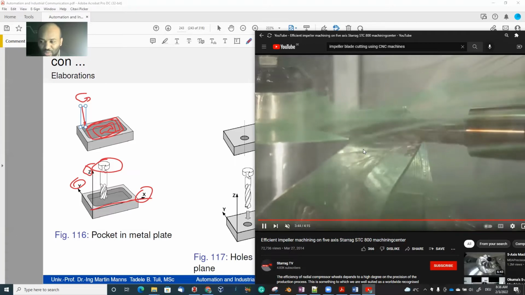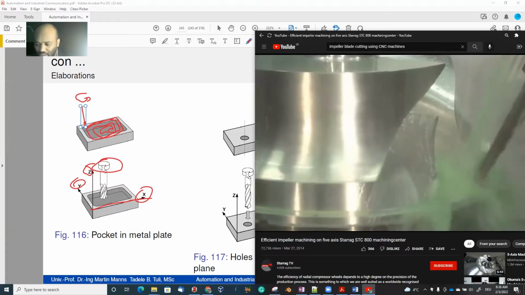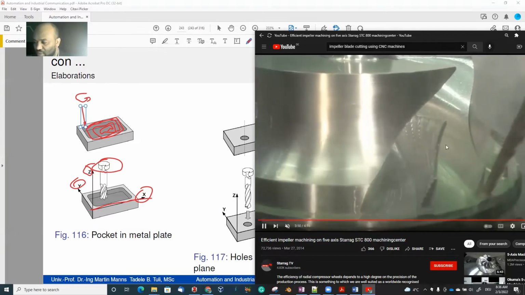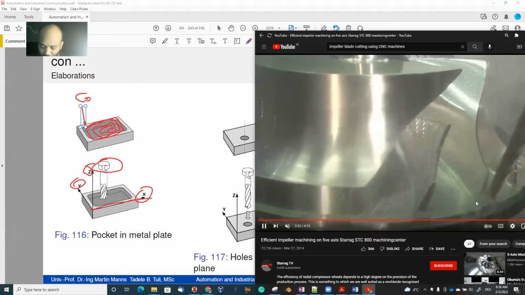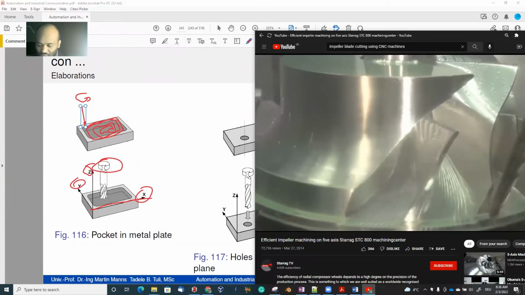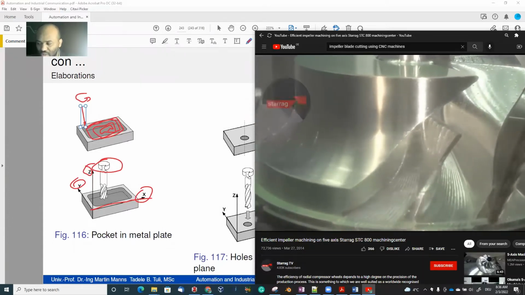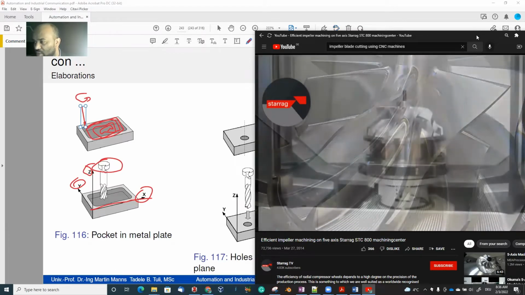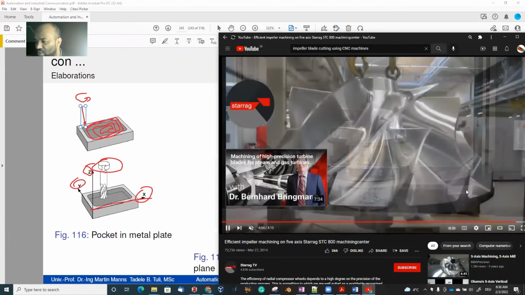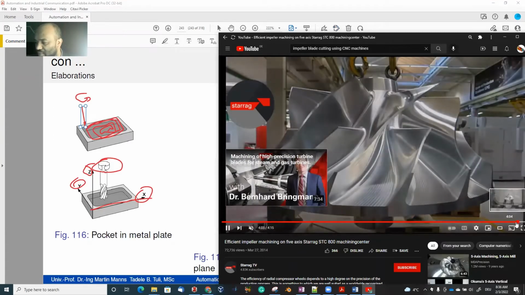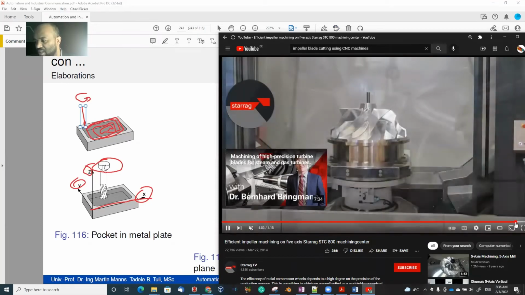Coolant is just for absorbing and dissipating heat, because especially with steel, it generates a lot of heat. So this heat has to be absorbed and avoided. Now look at what it finally looks like. It's really amazing.